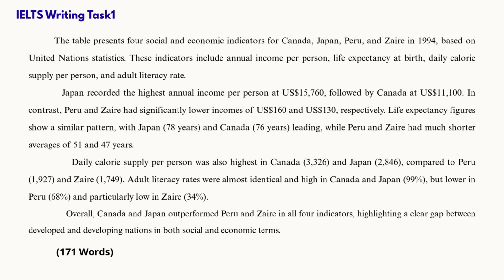Adult literacy rates were almost identical and high in Canada and Japan, but lower in Peru and particularly low in Zaire. Overall, Canada and Japan outperformed Peru and Zaire in all 4 indicators, highlighting a clear gap between developed and developing nations in both social and economic terms.